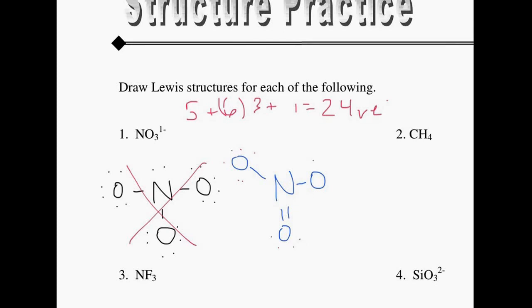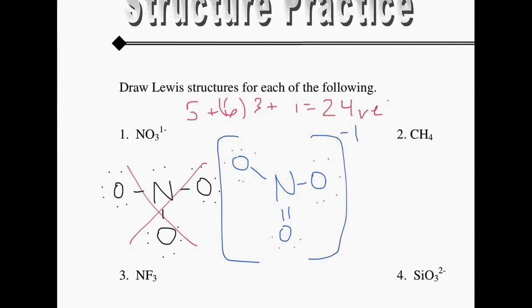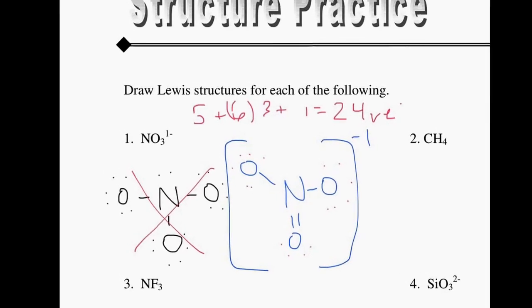This O also needs 6, and now this N over here has 2, 4, 6, 8, so it's satisfied. Now if we count up those electrons, and I refer back to this: 2, 4, 6, 8, 10, 12, 14, 16, 18, 20, 22, 24. So this one is perfect. The only thing I need to do is put this in brackets and put a -1 on the outside. And now I should be in good shape.